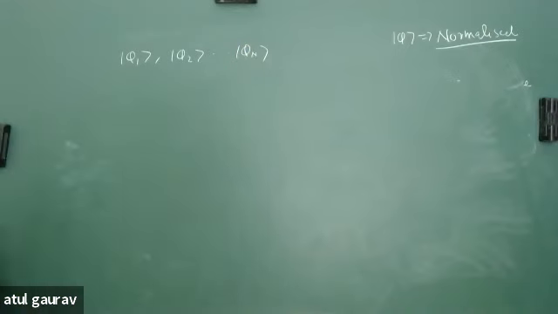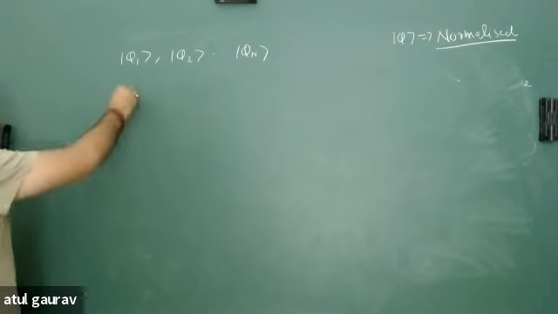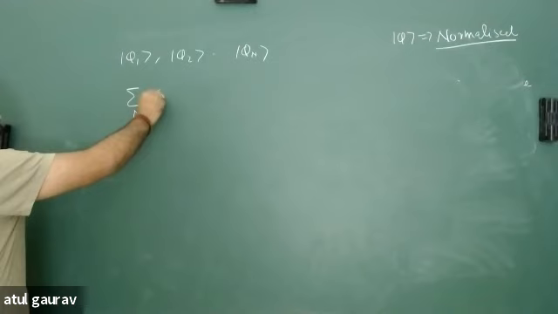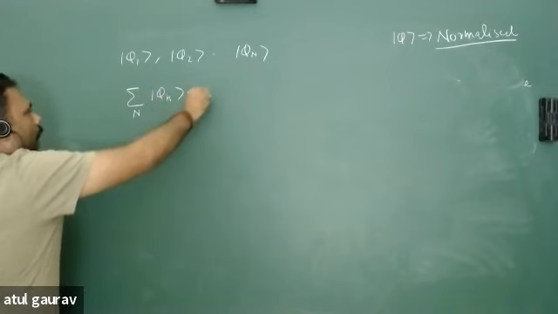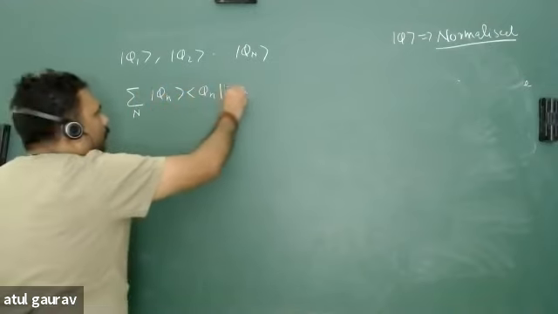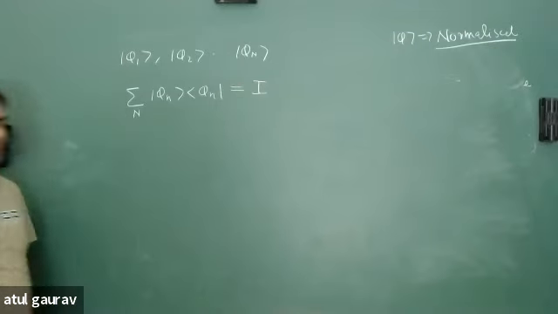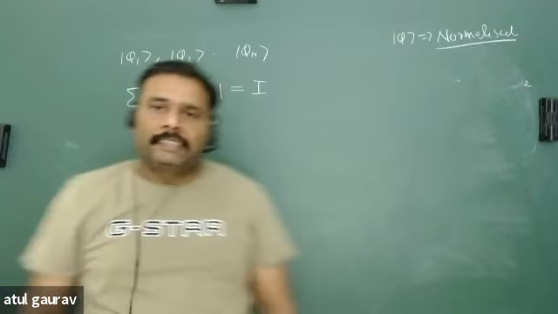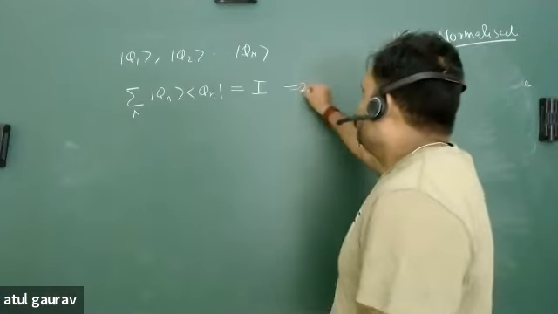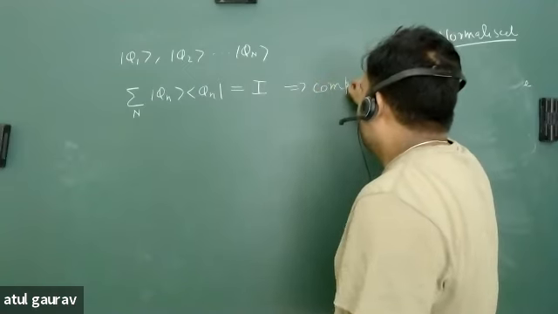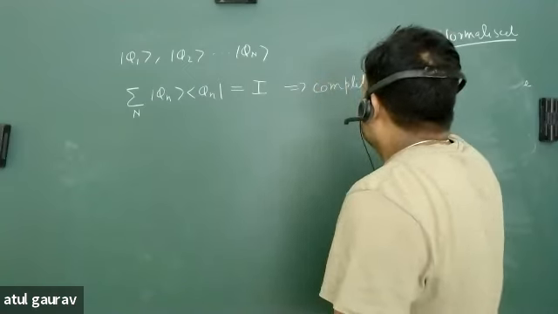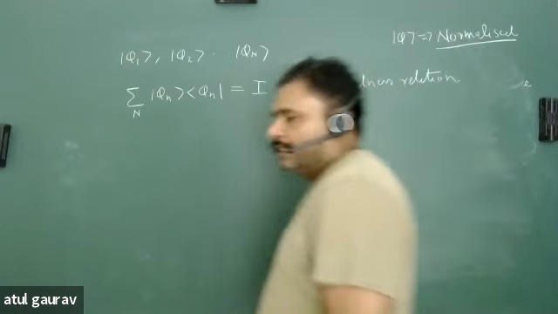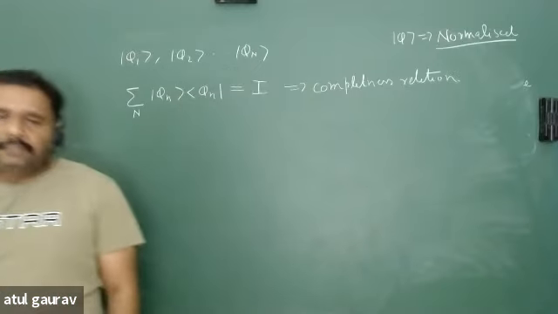If the summation over n of |phi n><phi n| is equal to the identity, then this relationship is identified as the completeness relationship.